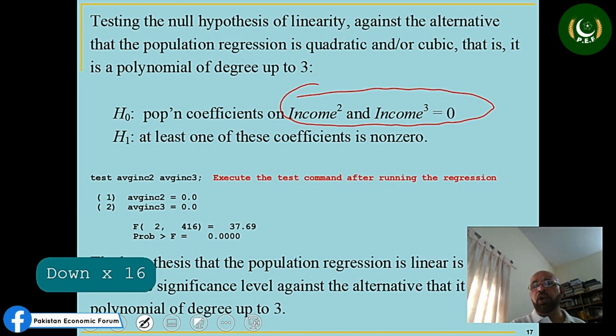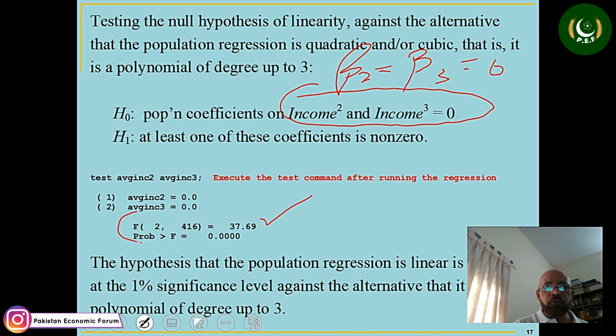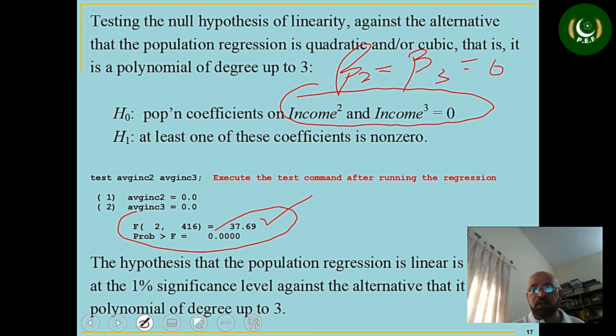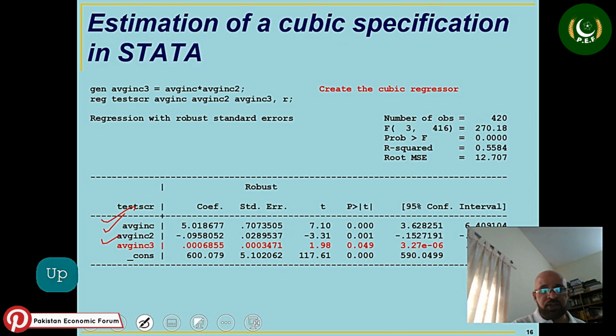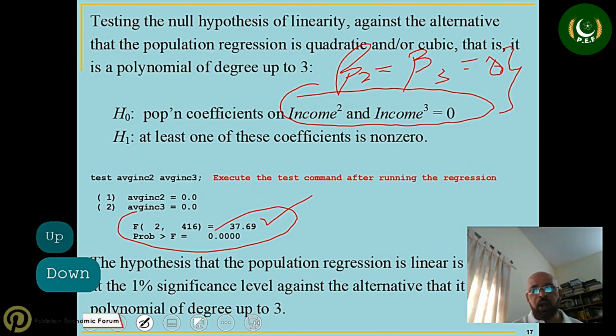So this is your quadratic model, cubic model, and now we see whether income square, income cube is jointly equal to 0, beta 2, beta 3 equal to 0 or not. So it's rejected. You have this restricted model, where you have these two equal to 0, and the other one where you have this last one, this is your unrestricted model. And what do we see?